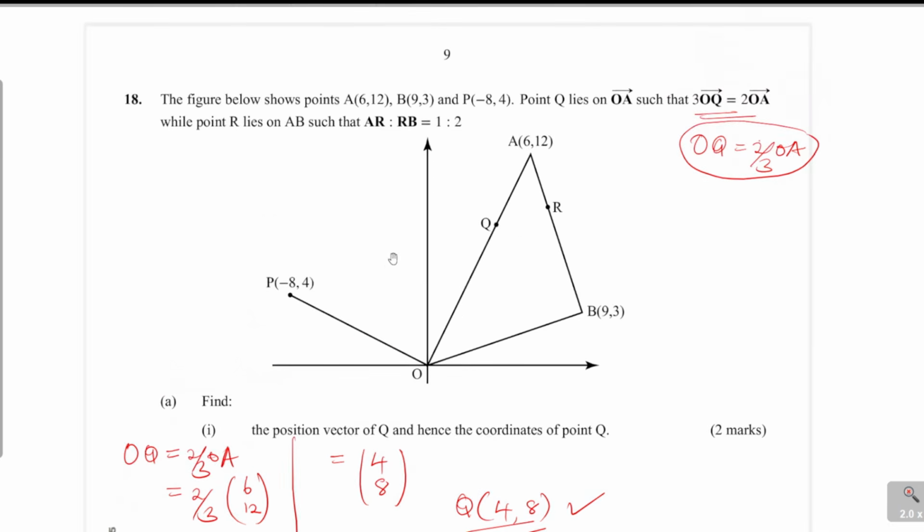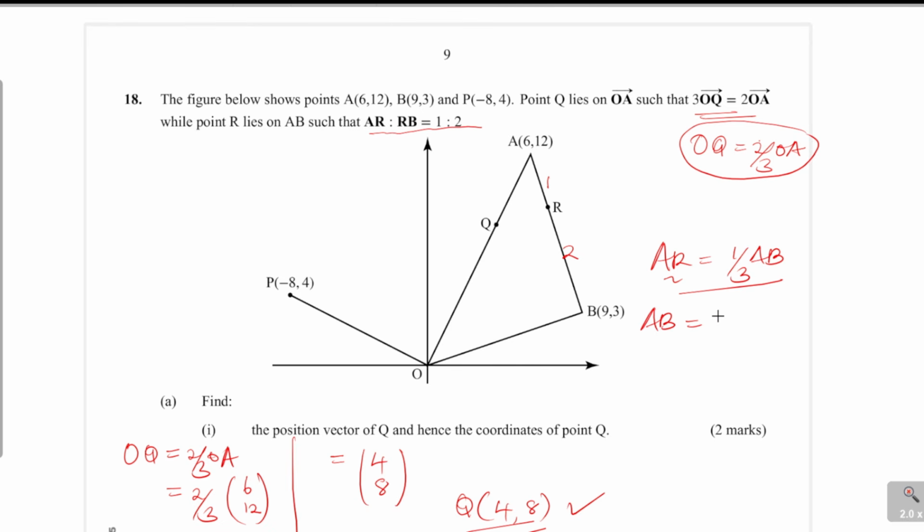How do we get AR? We are going to use the ratio you're given here, AR:RB is 1:2. That means AR will be a third of AB. And what is AB?